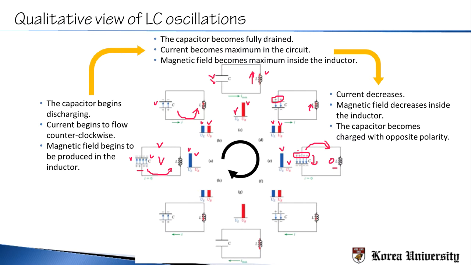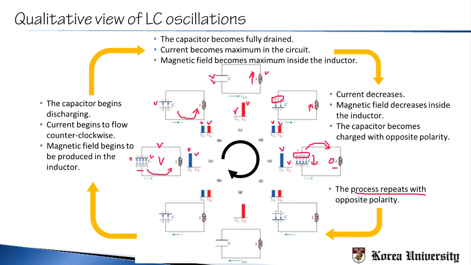And then what is now going on from this moment is actually exactly the same as the first case, except that now the polarity is opposite. Okay, so now instead of counterclockwise in the beginning, now the current is flowing out clockwise, but everything looks the same.